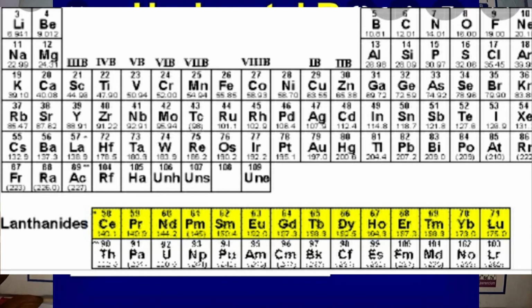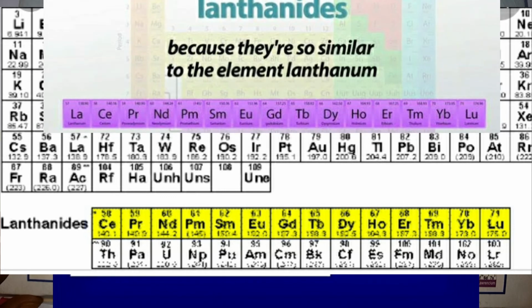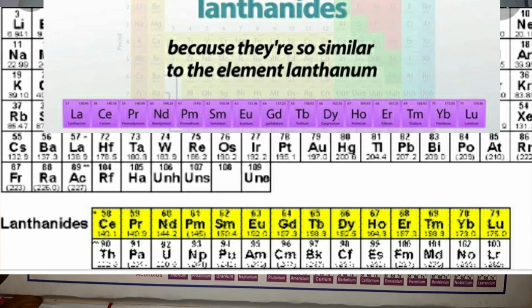These lanthanides are very similar to the element lanthanum, and these consist of 15 metallic elements, that is from 57 to 71. These elements are called lanthanides.